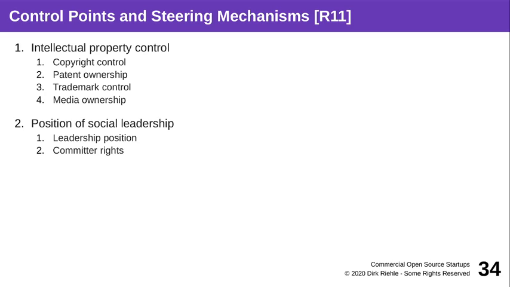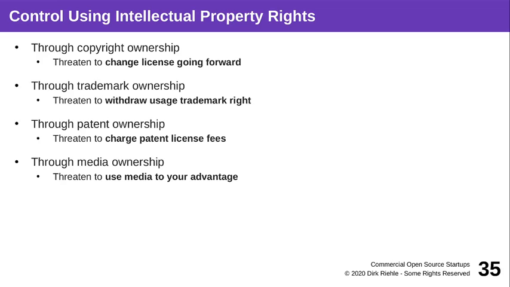4 of them arguably are hard, legal, intellectual property control mechanisms based in the legal systems. And 2 are social leadership mechanisms by which you can exert influence and steer, arguably, so not so much control, but steer people according to your interests.